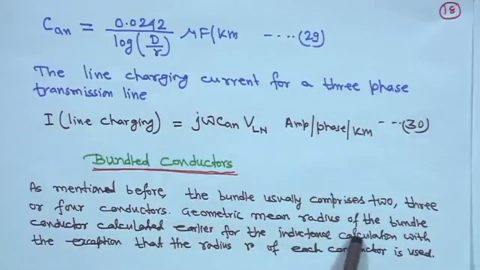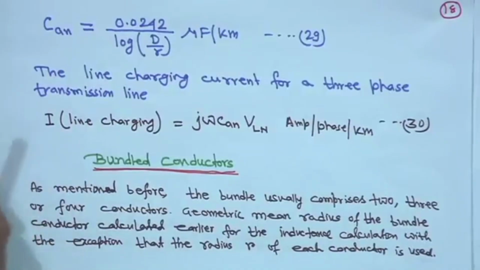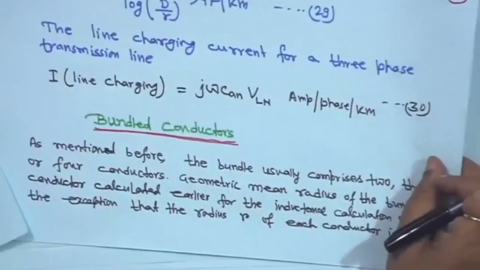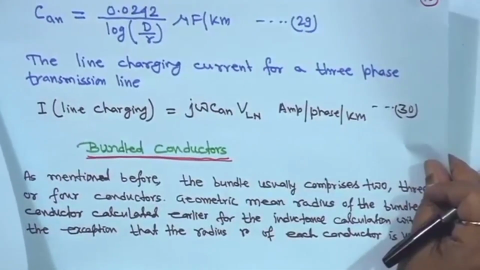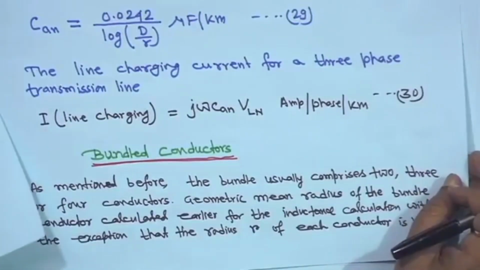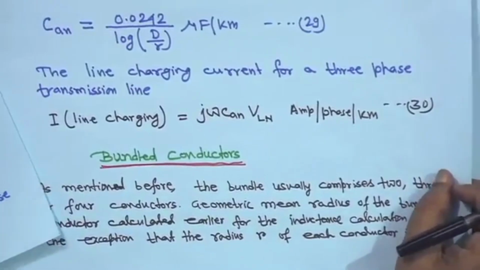The geometric mean radius of the bundle conductor can be calculated as earlier for the inductance calculation, with the exception that the radius r of each conductor is used. For bundle conductors in inductance, we used r dash for the calculation of internal inductance. Here there is no internal capacitance, so we will use r only, not r dash.